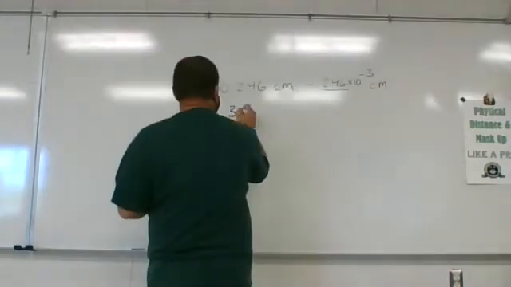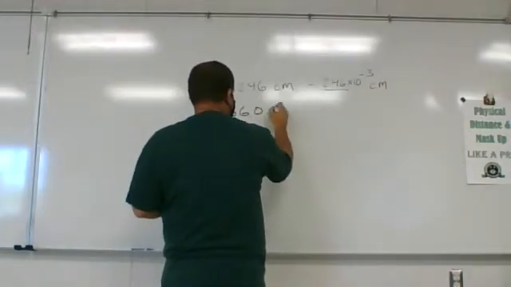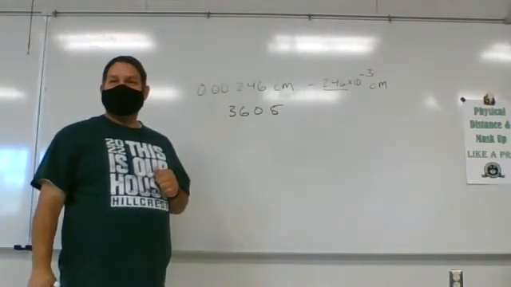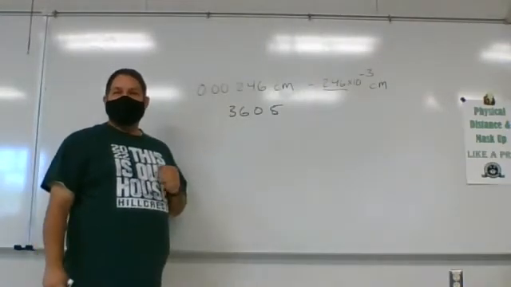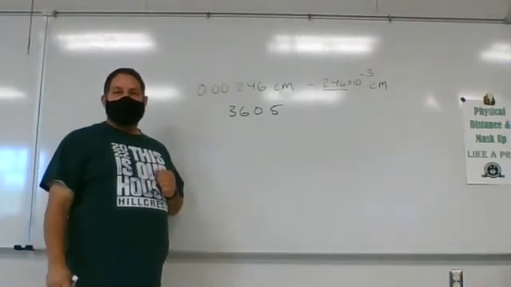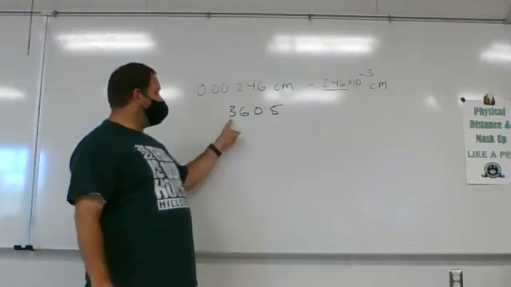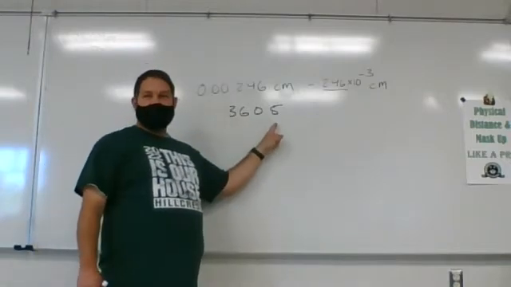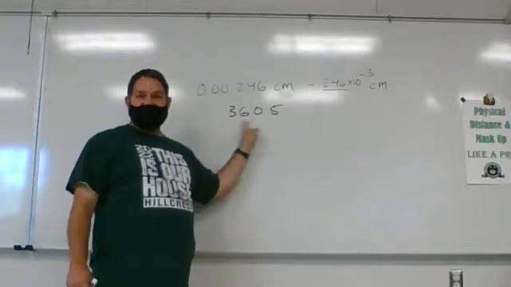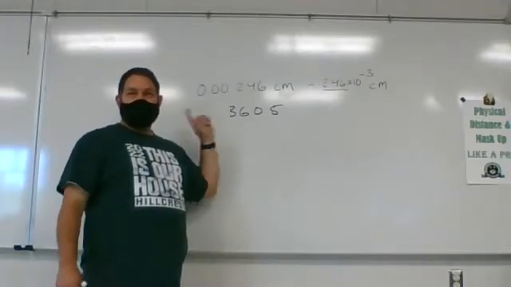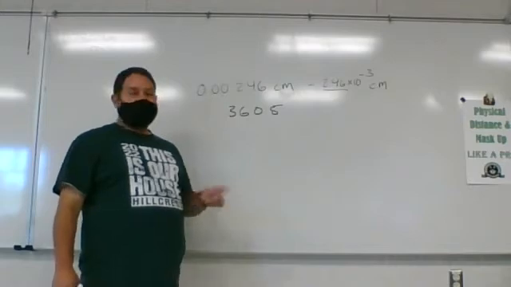Okay, so here's another. Oh, go ahead. 3605. That one? Something like that. Okay. They are significant, because every digit that is a non-zero, if it's written as it is on your paper, is always significant.